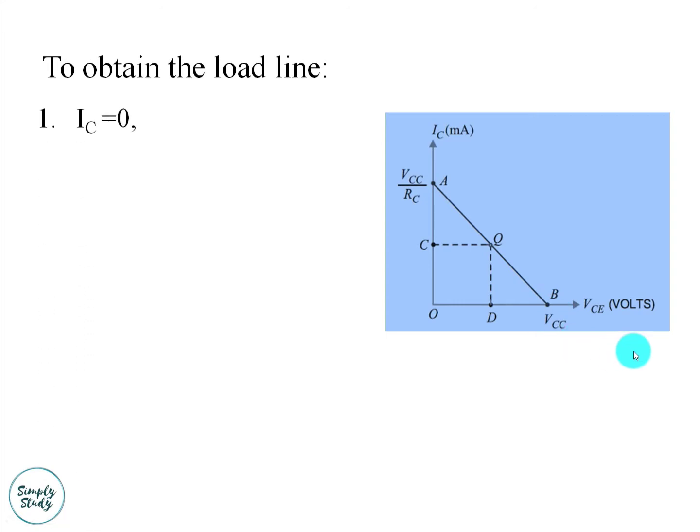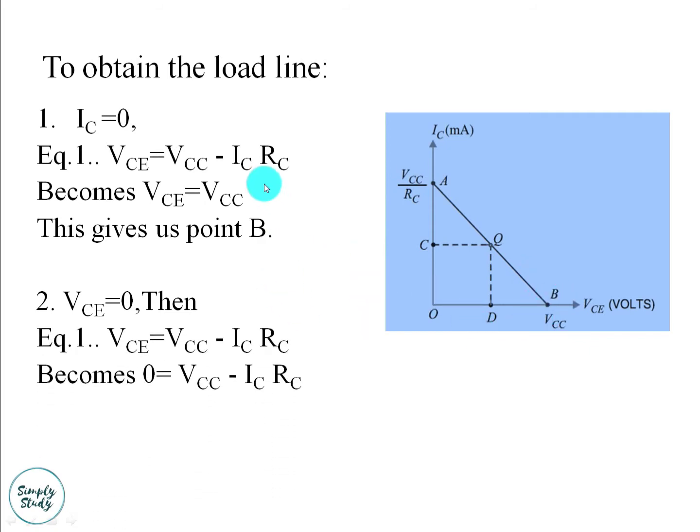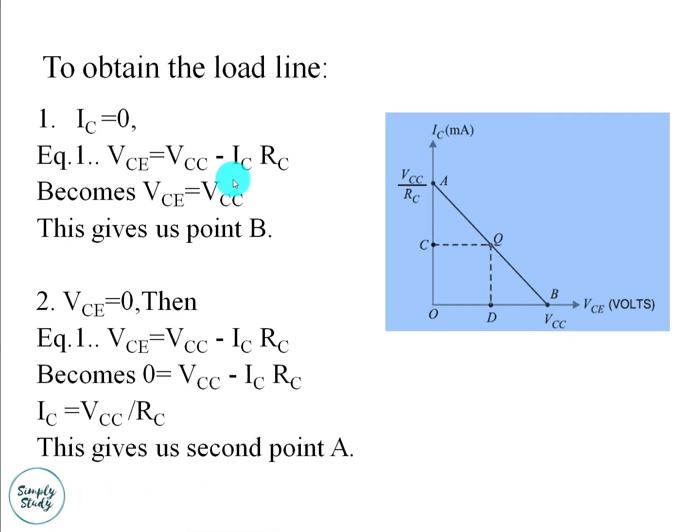Let those 2 points be A and B. To obtain B, when the collector current IC equals 0, then the collector emitter voltage is maximum and will be equal to VCC. This is shown as VCE equals VCC minus ICRC, which is equal to VCC as IC equals 0.